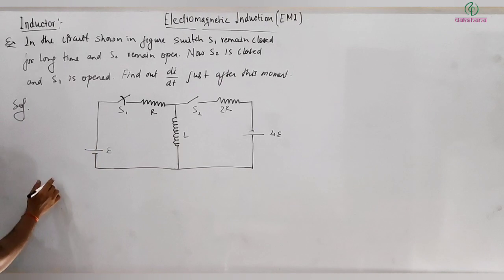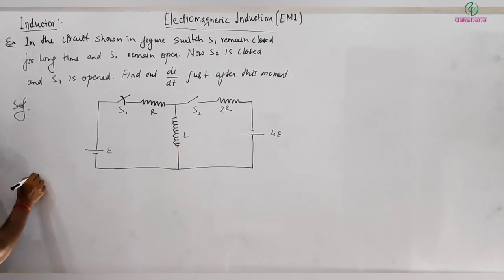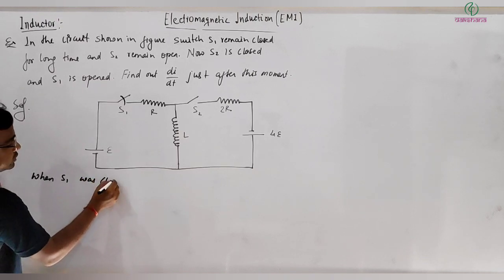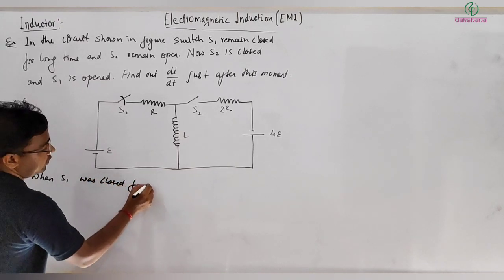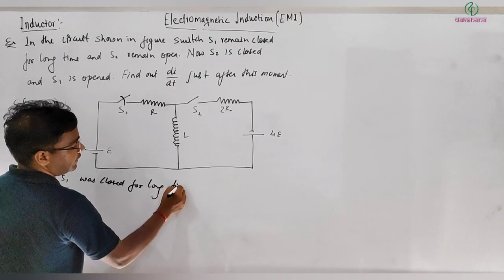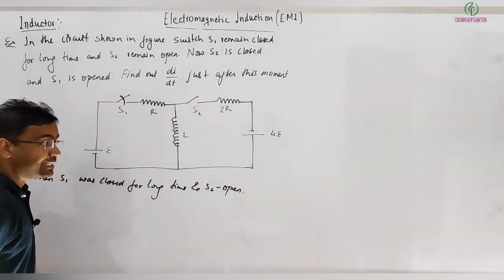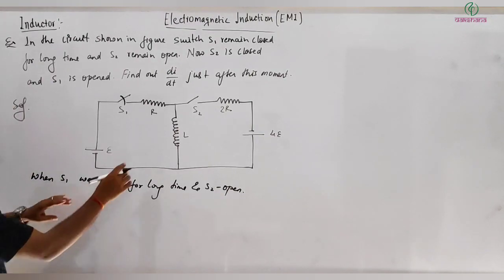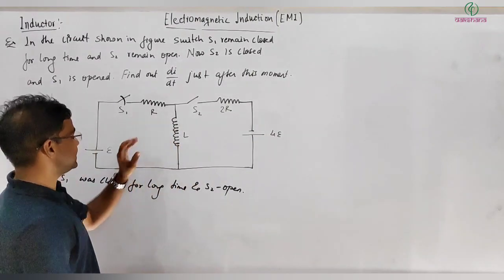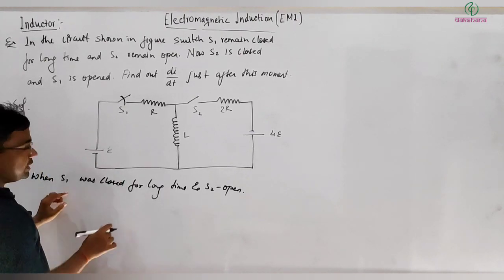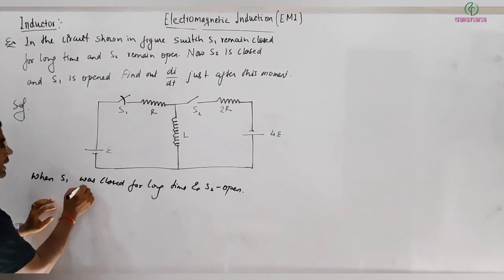So first, when S1 was closed for a long time and S2 open, in this situation what will happen? This circuit will be just like, after a long time, the inductor will be just like a wire.